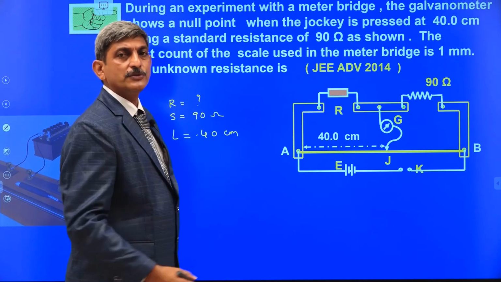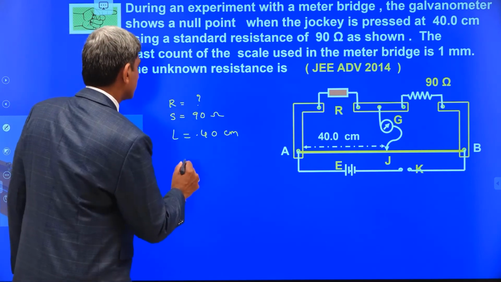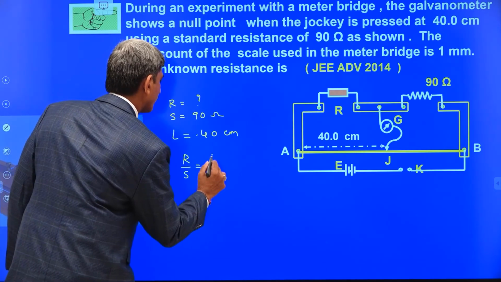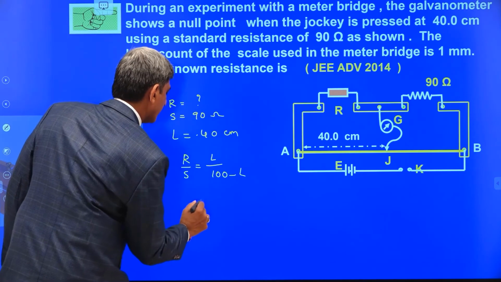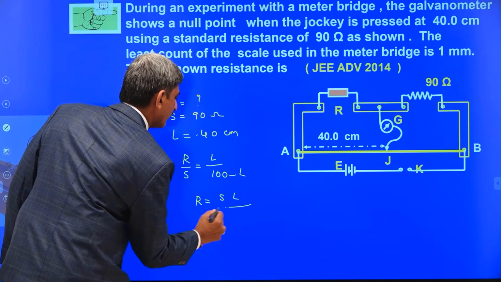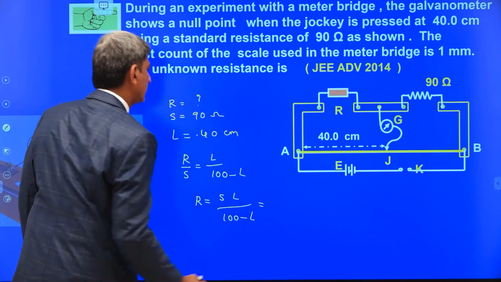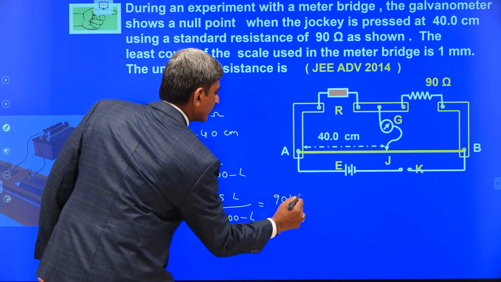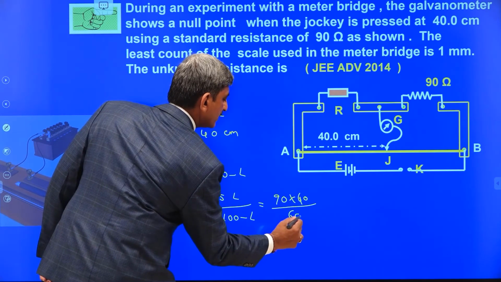For that I am going to use the balancing condition of the meter bridge, that is, R by S is equal to L by 100 minus L. This is R is equal to SL divided by 100 minus L, that is equal to 90 into 40 divided by 60.